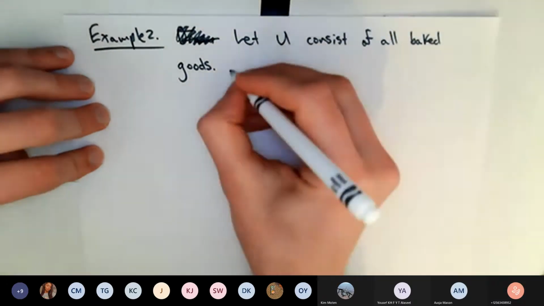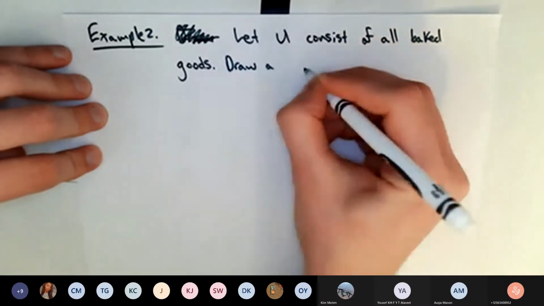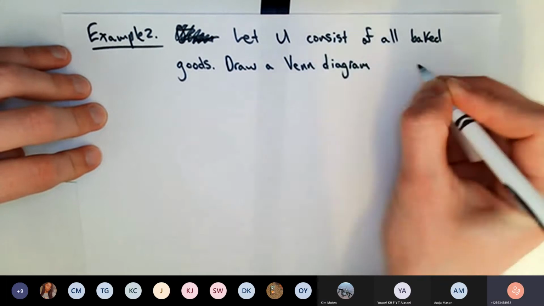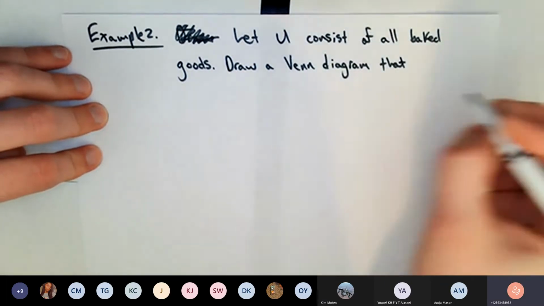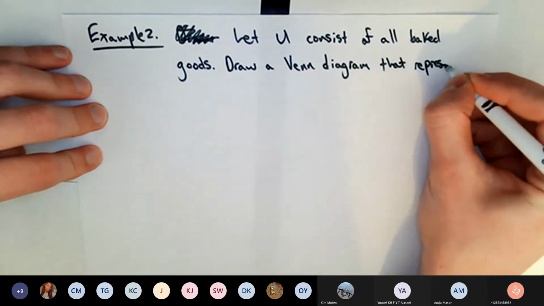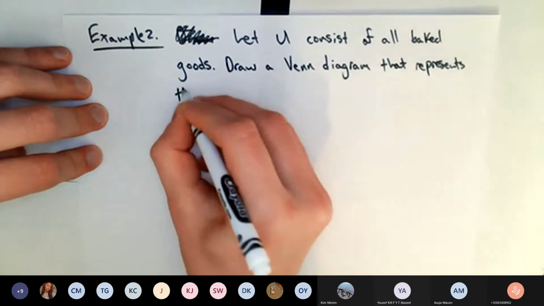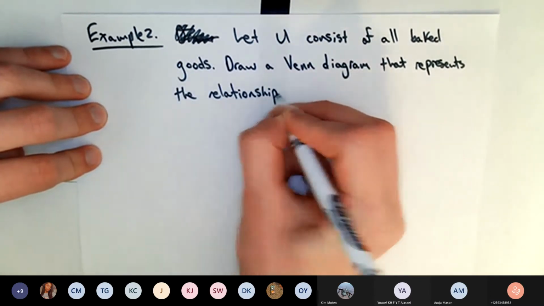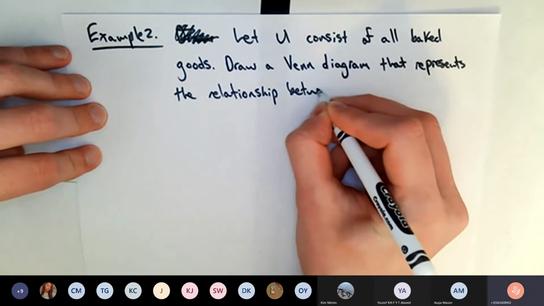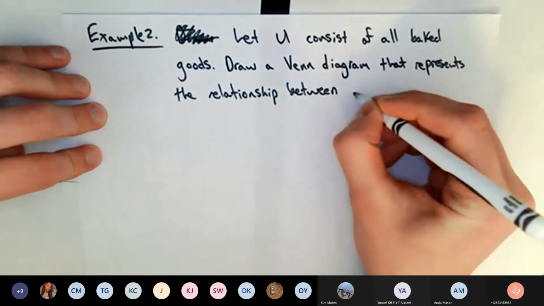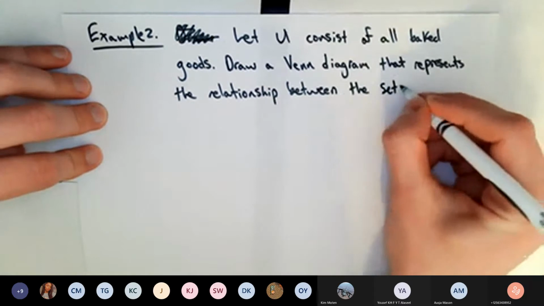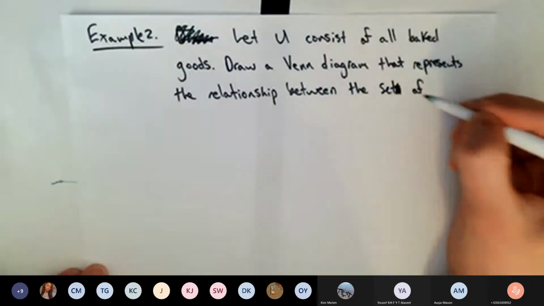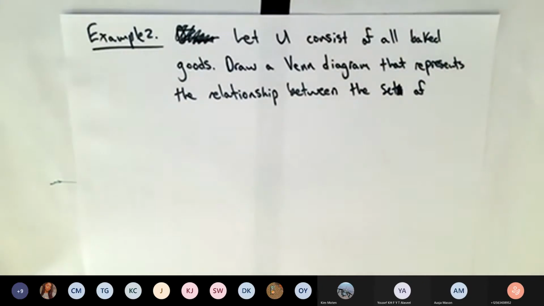Okay. Let's draw a Venn diagram that represents the relationship between the sets of, well, let me think for a moment.